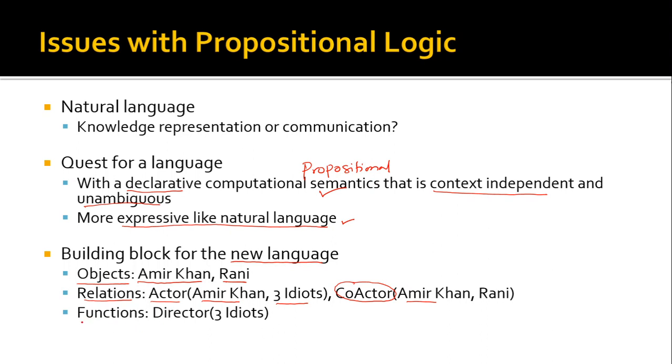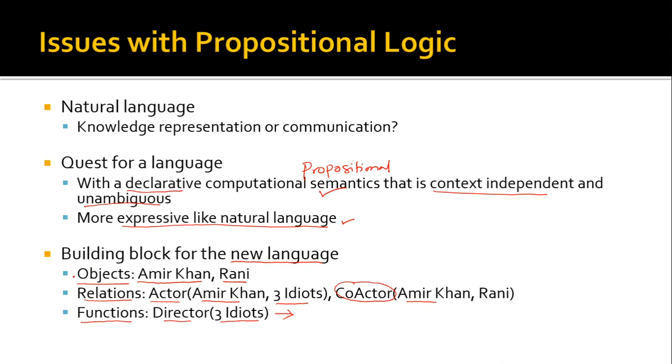And we can have functions. What the functions do is accept some objects as parameters and output some other objects. For example, if we put Three Idiots as the parameter of the function director, we will probably have as output, say, Raju Hirani, right?